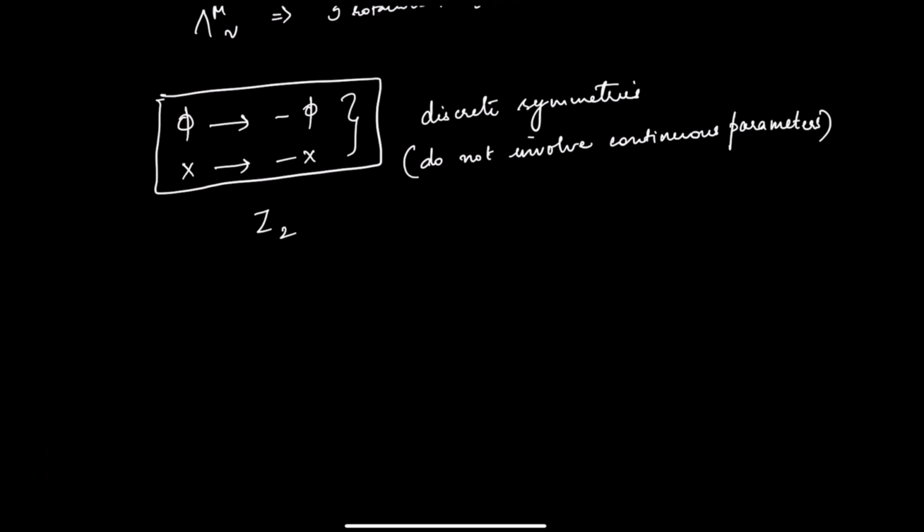Another classification is based on the space-time dependence. If the corresponding transformation parameters are space-time independent, then they are called global symmetry. And if the transformation parameters are space-time dependent, then they are local symmetry.